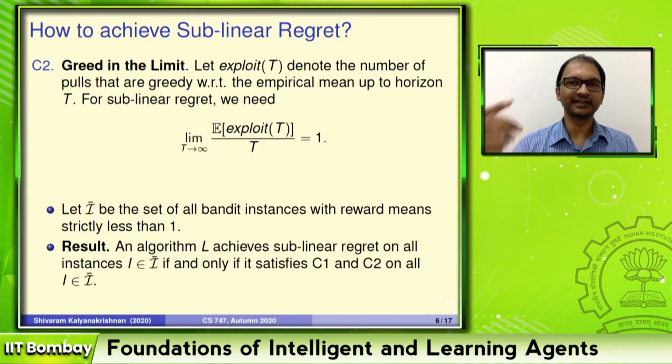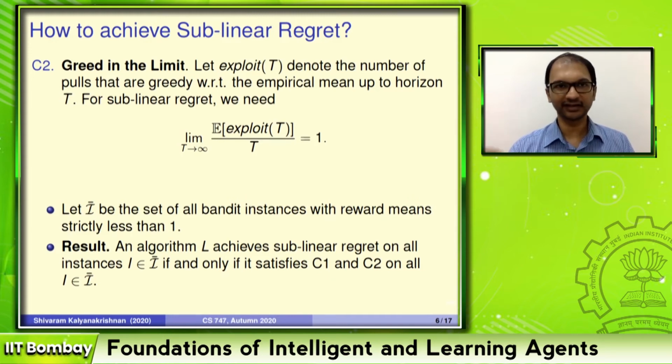So here is what we can say. We have these conditions C1, infinite exploration, and C2, being greedy in the limit. Together, we can make a claim about algorithms that satisfy these two conditions. Let I bar, written as the calligraphic I, be the set of all bandit instances whose true mean rewards are strictly less than 1.